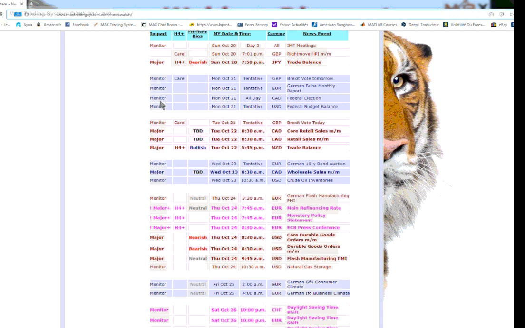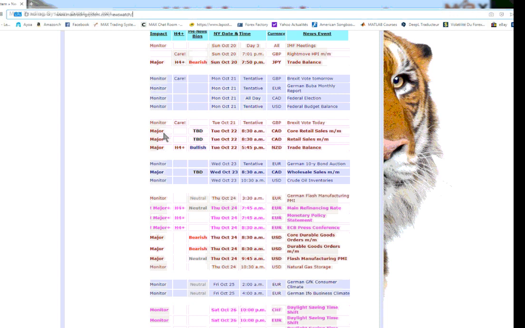Sometimes we have a news labeled as monitor. A monitor news is simply a news we can follow, and we can expect just some additional volatility in the market, but not necessarily a big movement. With the major news, we will have an important movement if the deviation of the news release is important. We also make the distinction of an impact in a small time frame or in a higher time frame.